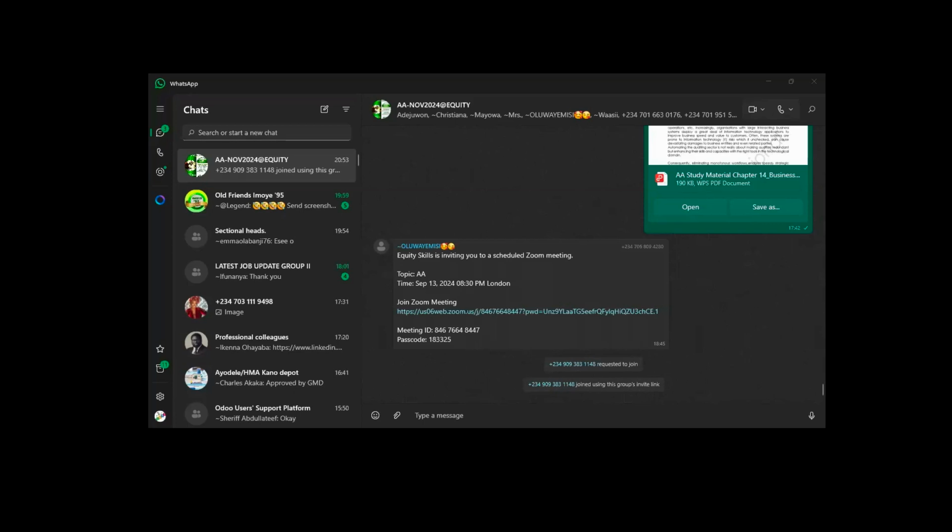Okay. Then you also need to test your client's asset against impairment. And this will normally happen when you have clients whose products are susceptible to obsolescence.